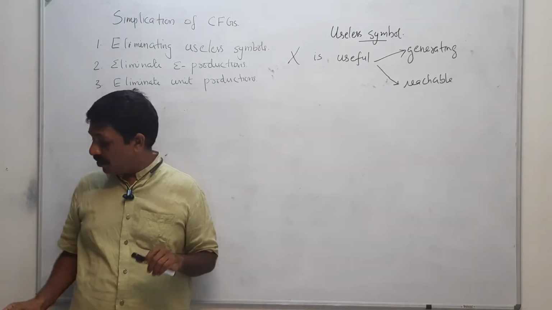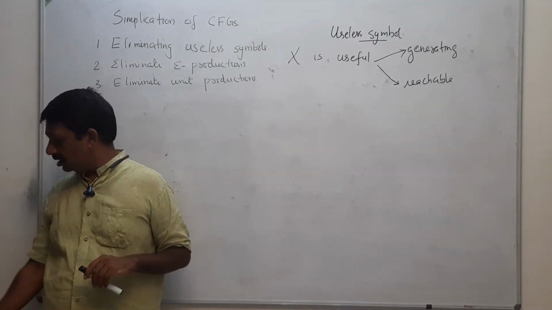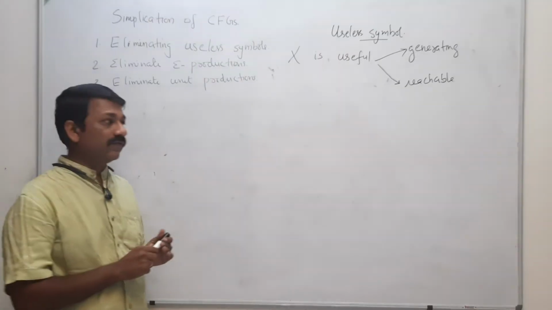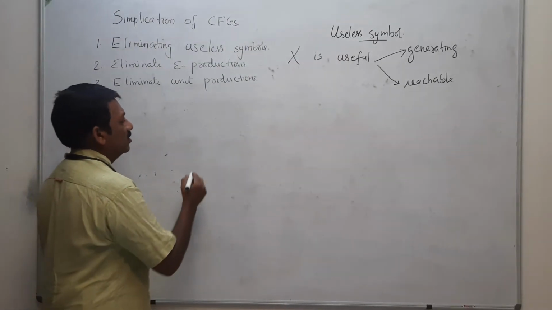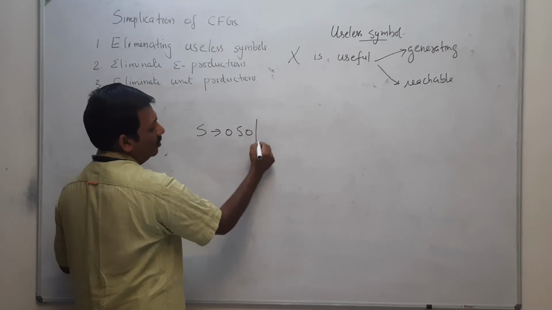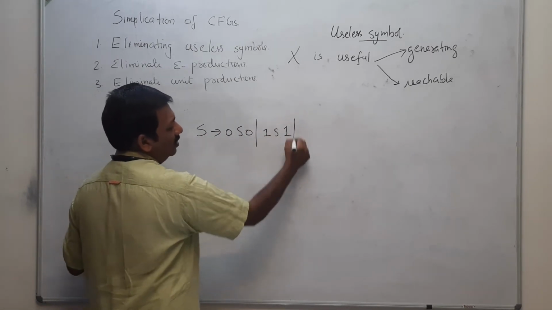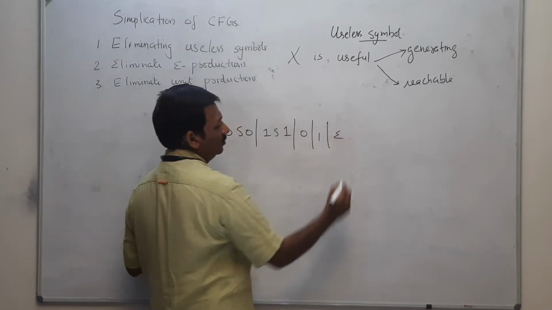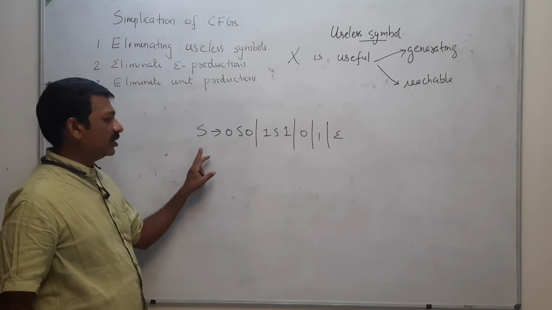And now we are going to discuss what are epsilon productions. For example, suppose that S derives 0S0, 1S1, 0 or 1 or epsilon. Here how many productions are there?